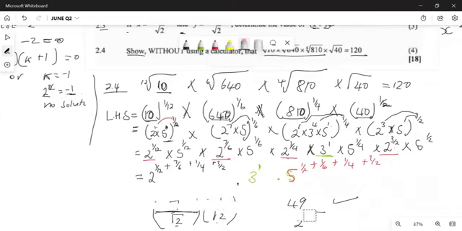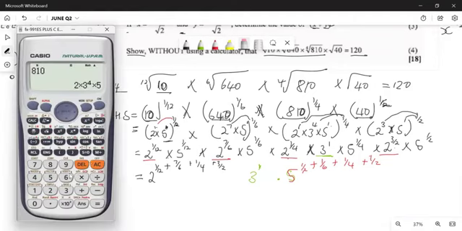What do you get for the 2? You add the fractions. Let's try to add the fractions and see what we get.